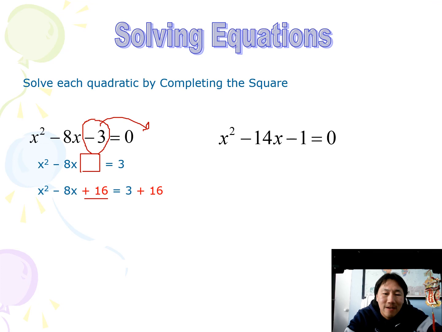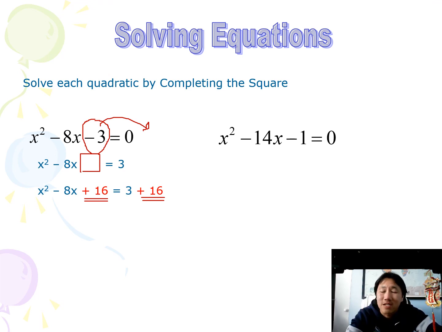All right. Now, if you remember the things you were taught in Algebra 1, to keep an equation equal, if you're going to add 16 into an equation, you have to balance out the equation by adding 16 on the other side as well. Okay, so that's important. Whatever you do to one side, you have to do to the other side. So I added 16 to both sides.